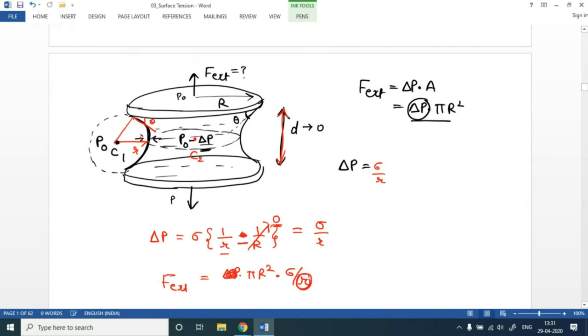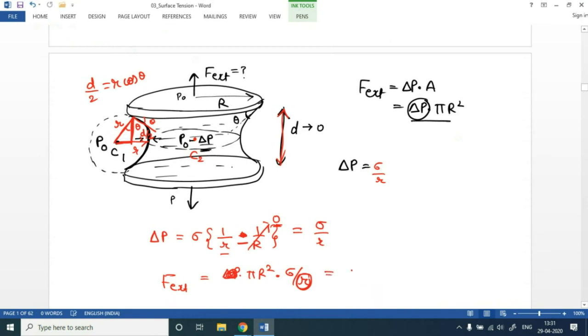If I draw a right angle triangle, this side is small r, this angle is theta, and this side is d by 2. Clearly, d by 2 is r cos theta, so r is d by 2 cos theta.